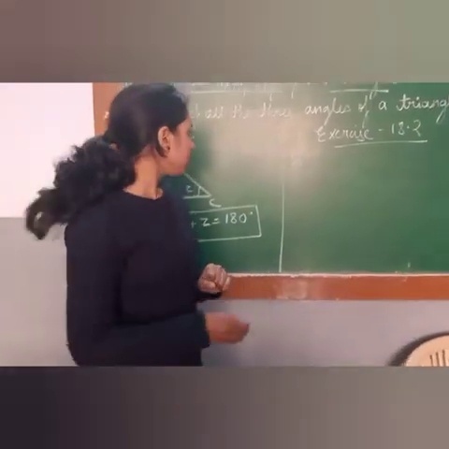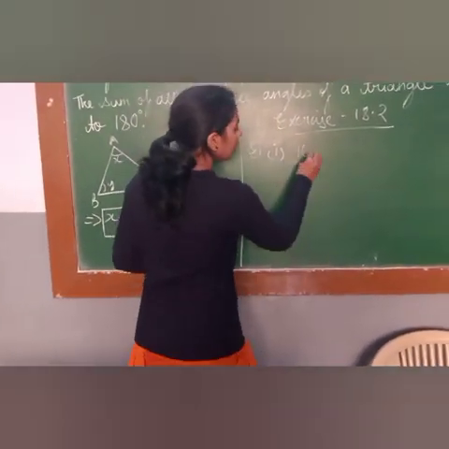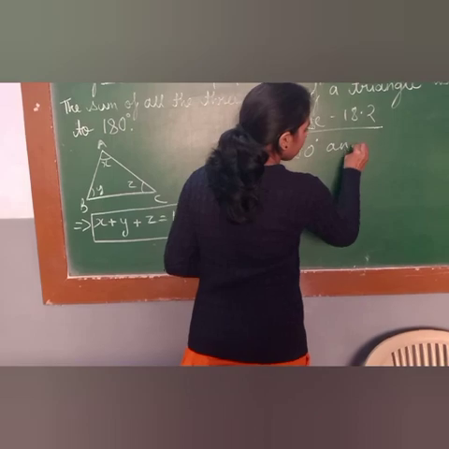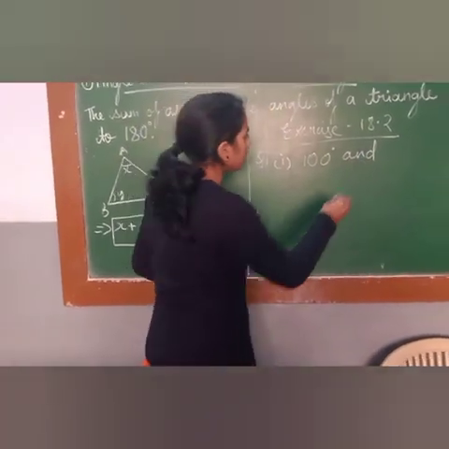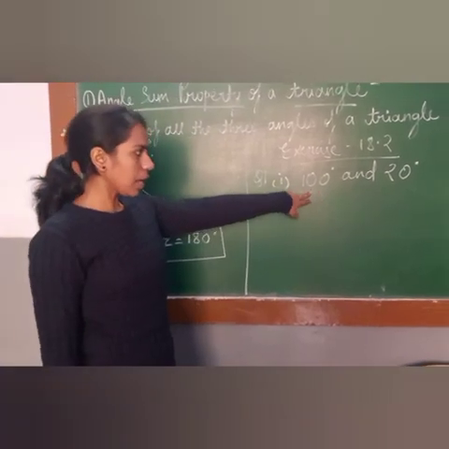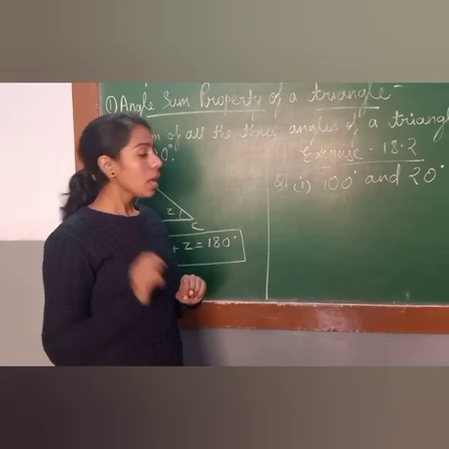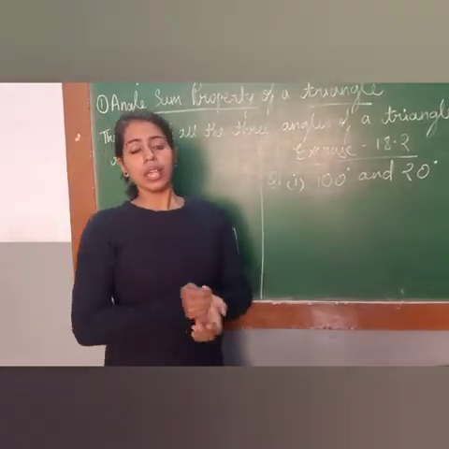Now let's see the first part. First part says 100 degree and 20 degree. This is our first angle, and the second angle is given to you. You have to find the value of the third angle. Now what can be done?